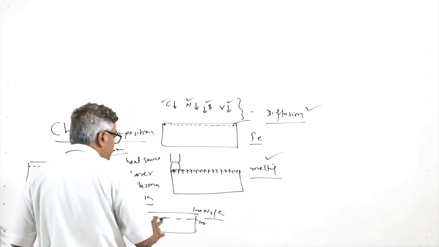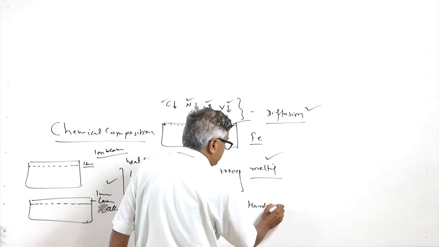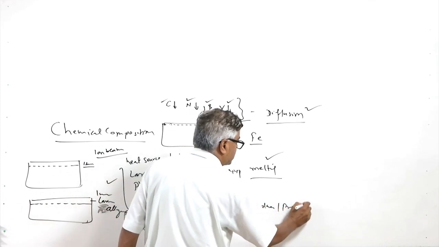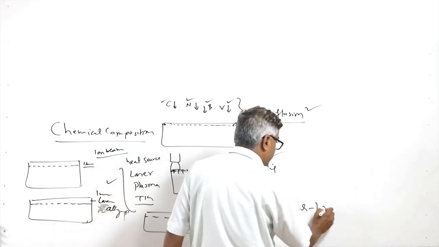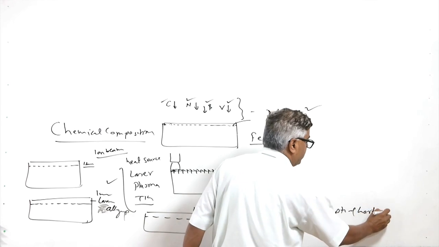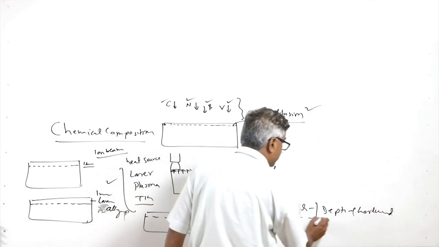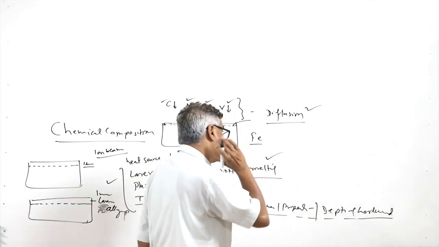So depending upon the hardness properties needed at the surface and the depth of the hardened zone, these parameters will govern the process that we need to select for the modification.